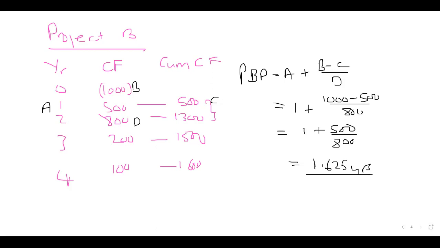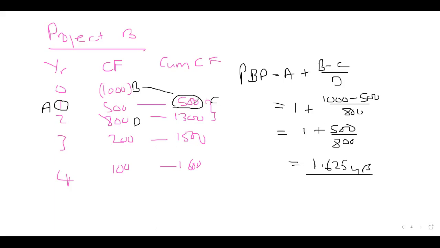I have a question. Why are we using 500 as C? I was thinking we're supposed to use 1,300 since it's above 1,000. It's the difference between B and C. I said first look for the actual year, then go into this line, look for the cumulative figure, the difference.